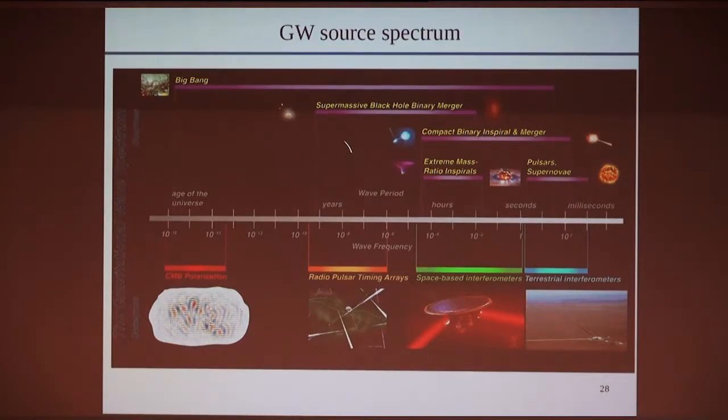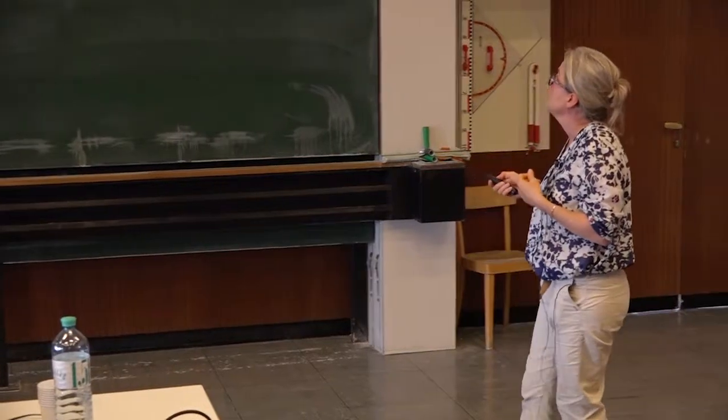So the whole spectrum is expected to be emitted by different sources, from primordial gravitational waves up to stellar mass black holes or core collapse supernovae. But here you have the range of the supermassive black hole mergers, which should be accessible by this experiment. So the spectrum is very wide.